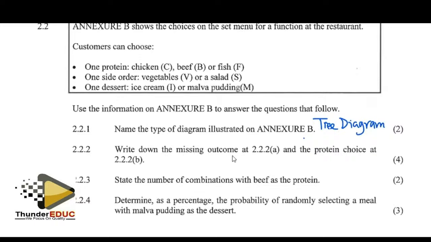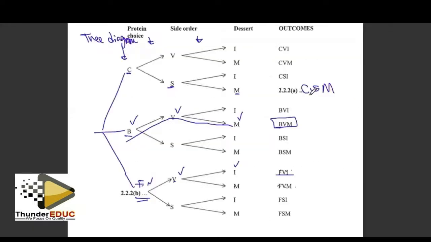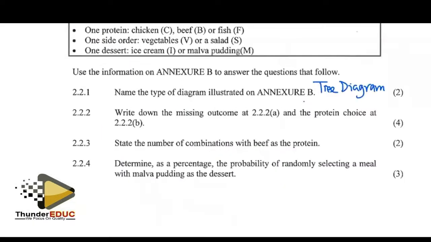We've already seen them from the annexure, which were A is CSM, and the B was F, fish.